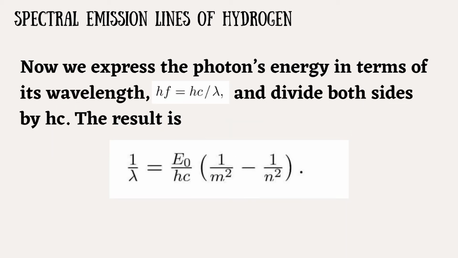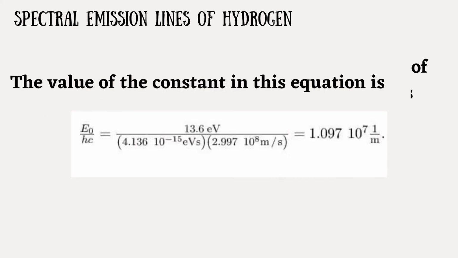Now we can express the photon's energy in terms of its wavelength. hf is equal to hc over lambda, and dividing both sides by hc, the result is 1 over lambda equals E_0 over hc times (1 over m squared minus 1 over n squared).